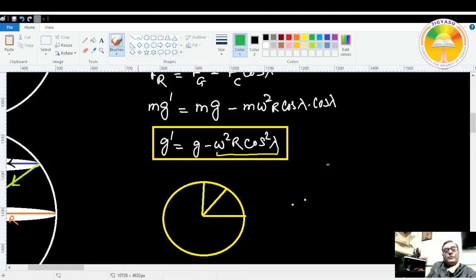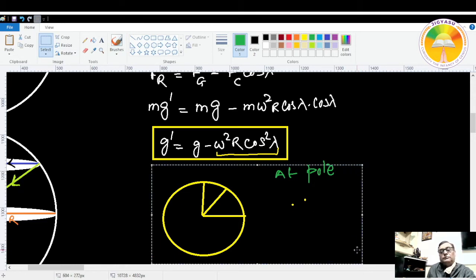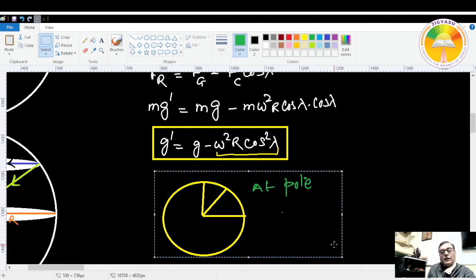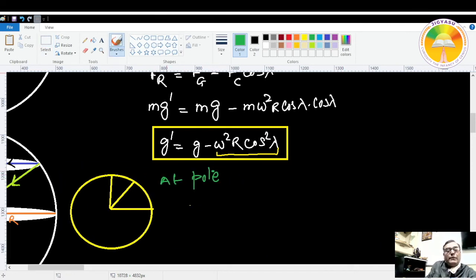So it means at the pole, if we talk about the pole, lambda is 90 degrees, and you are aware that cos lambda will be 0.